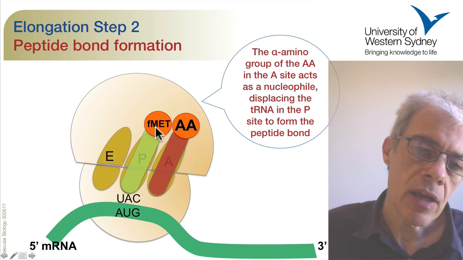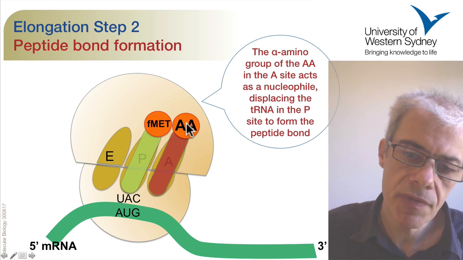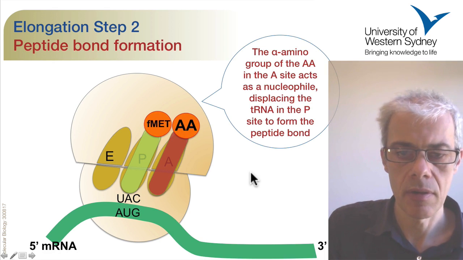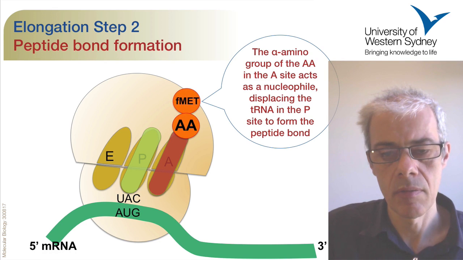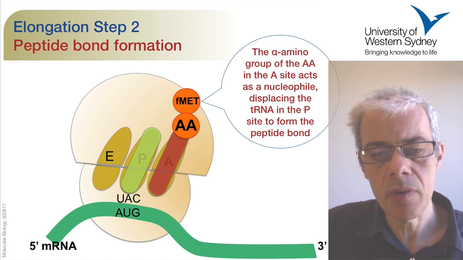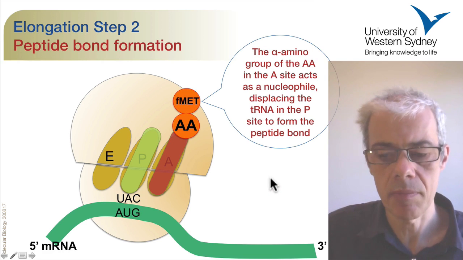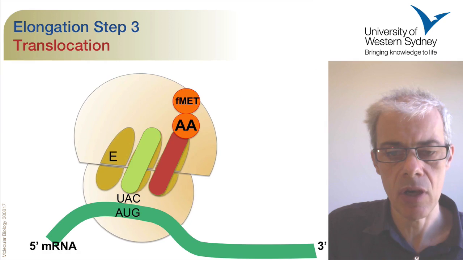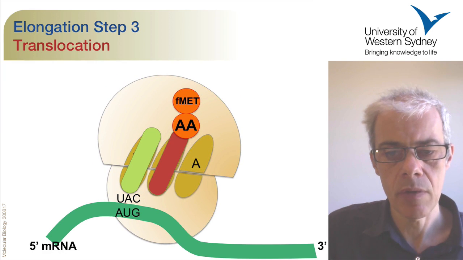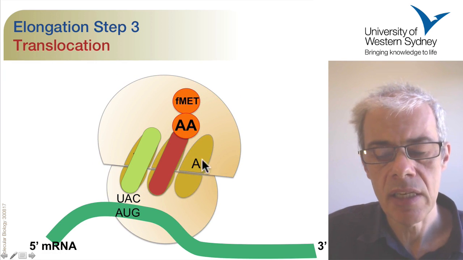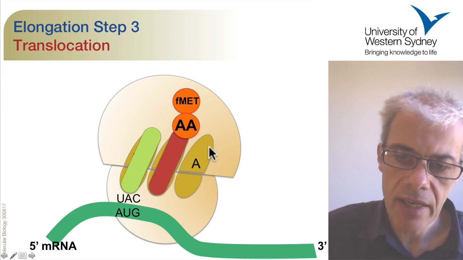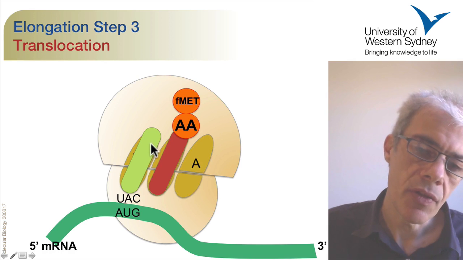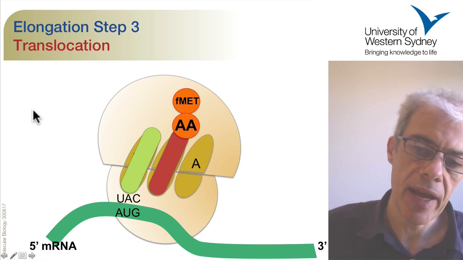So effectively, the growing polypeptide chain is transferred to the transfer RNA that's in the A site, and then the ribosome is able to move forward to the next codon. So effectively now, the A site is again open for the next transfer RNA to come in, and in the E site, the remaining transfer RNA can now exit.